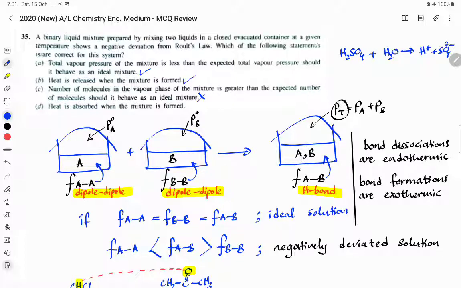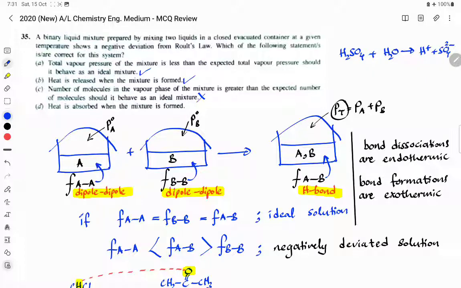If it was ideal, a weak interaction would be formed, so it would be more volatile. But the newly formed interaction is stronger than in the ideal situation, therefore the volatility will be decreased. Therefore, we cannot expect more gas molecules as in an ideal situation.